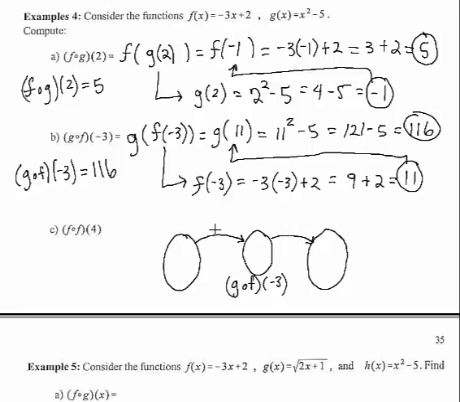What we've done is we computed f first, and we input -3. F mapped -3 to 11, and then we used 11 as the input. We mapped 11 to 116 using g. And so, in other words, g of f takes -3 and maps it over to 116.